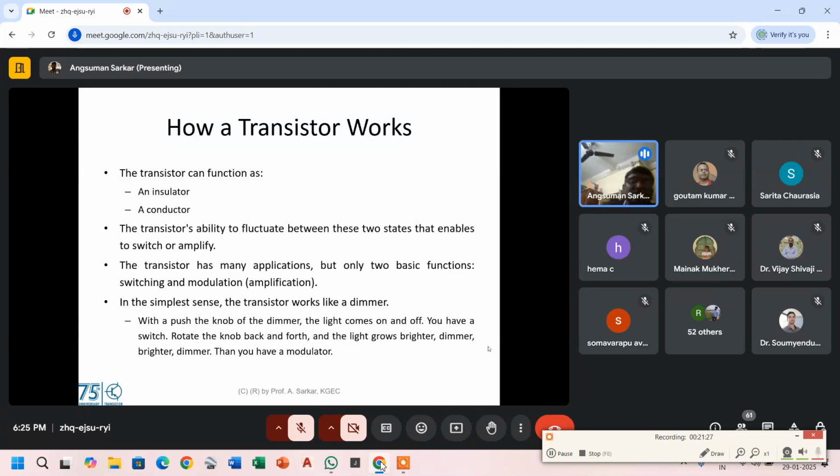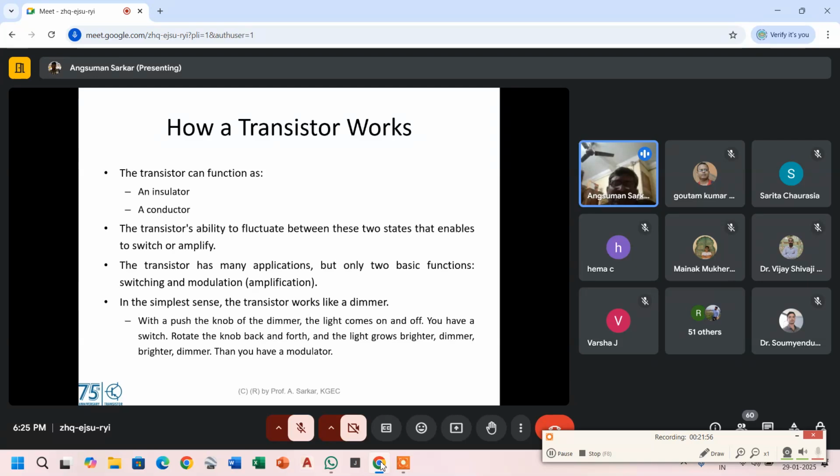Okay, so a transistor has too many applications, but there are two basic functions. One is switching and the other is modulation and amplification. In the simplest sense, for those who are not from an electronics background, how can a transistor work? In order to explain that, we can say the transistor works like a dimmer. A dimmer means that with a push of the knob, the light comes on and off, similar to a switch.